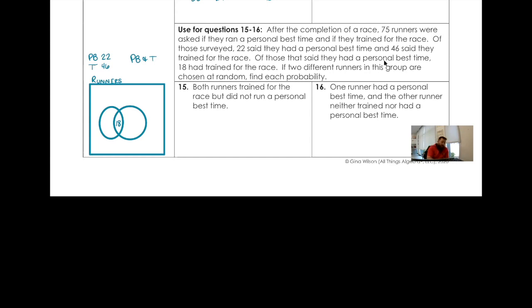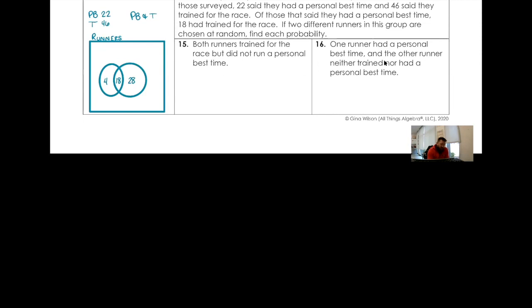So of the people that had a personal best, 18 trained, leaving only 4 who had a personal best but did not train. And of the 46 that trained, 18 of them had a personal best. So we subtract 18 from 46 and we get 28. And then, of course, there were 75 runners in this race.